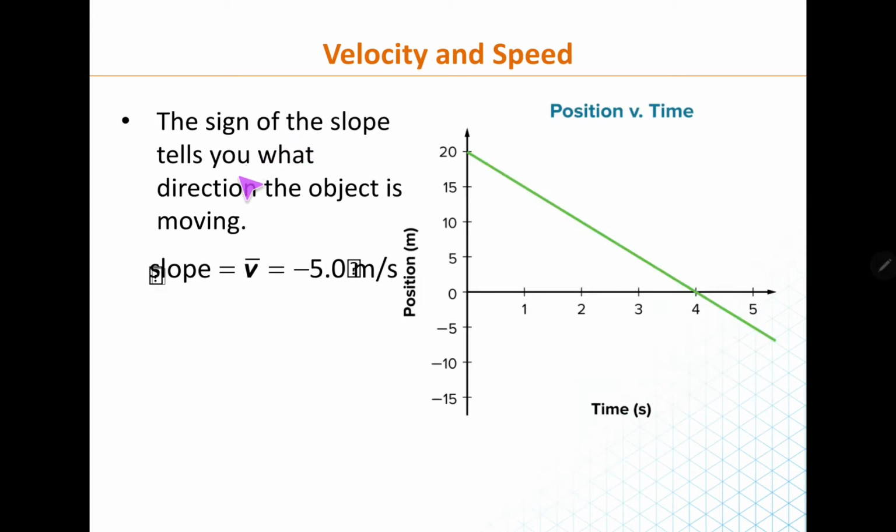The sign of the slope tells you what direction the object is moving. So for example, we have this position time graph, and we will calculate the velocity for this position time graph. So we will choose 2 points, any 2 points.